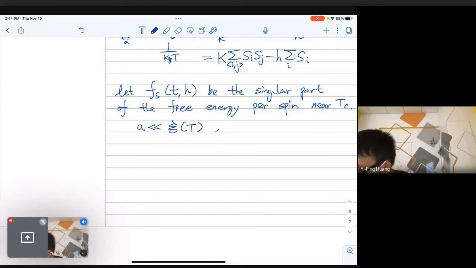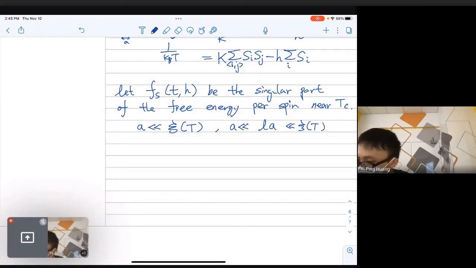We choose a coarse-grain block size L such that the lattice spacing a is much smaller than L times a, which is much smaller than the correlation length, because the correlation length is always the biggest length scale near the critical temperature.